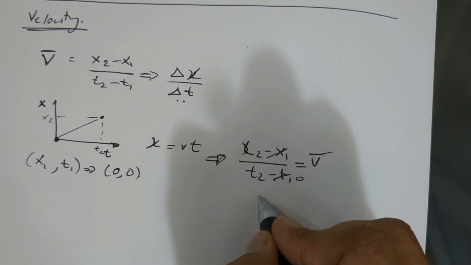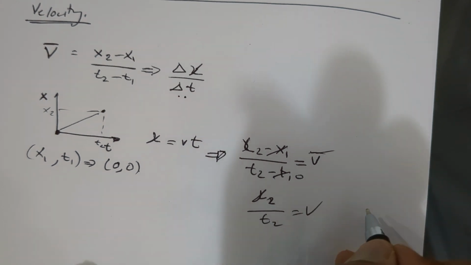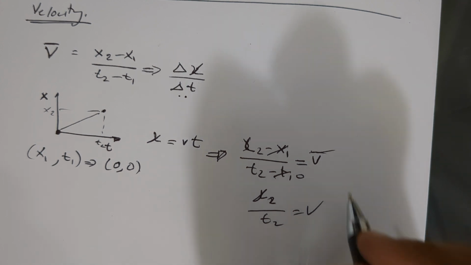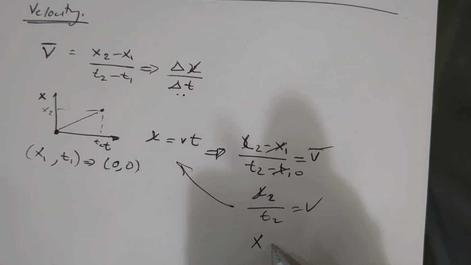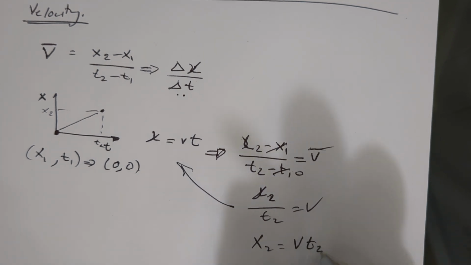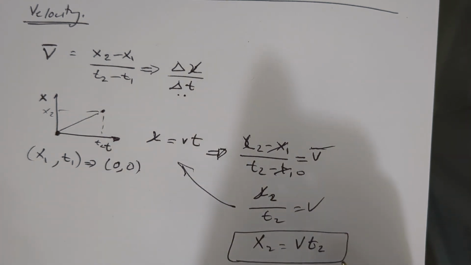So it's x sub 2 over t sub 2 equal velocity. And now you convert this into the equation, which gives you x2 equal v t2. All right. So that's how the function of velocity works.